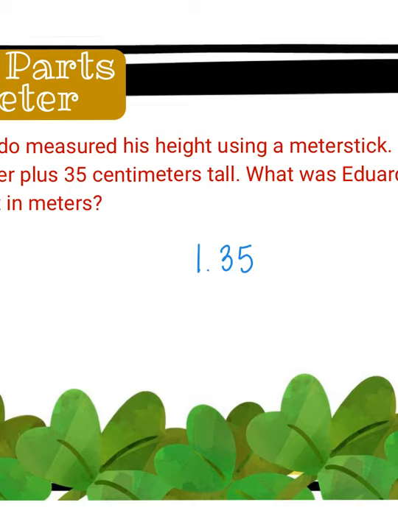Would that be accurate? 1.35 meters? Yes. I have one whole and I have 35 hundredths of another. Okay, that's right. Could I also write it like this? Yeah, same thing. Fraction. Okay, yeah. I would stick with that. I would stick with decimals too.